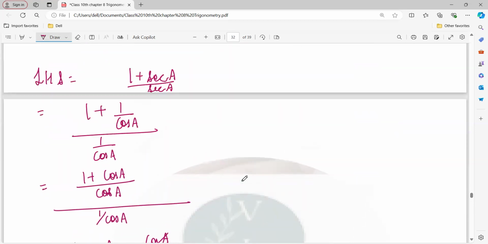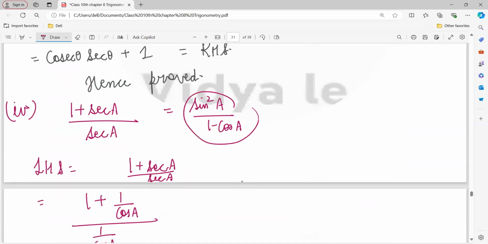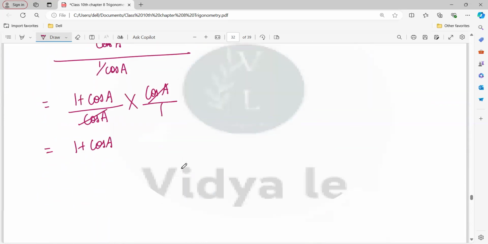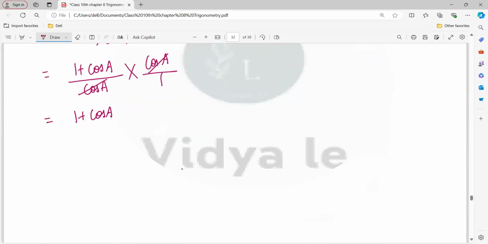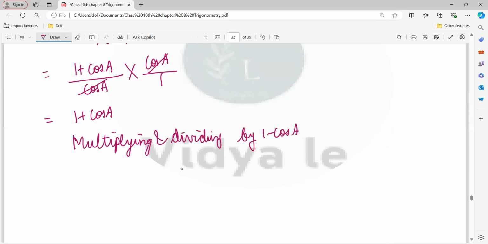But now, having a look at the right side, we want 1 minus cos A in the denominator, and in the numerator we want sine square A. So how can we get 1 minus cos A in the denominator? When we multiply and divide the term by 1 minus cos A. Let's see what we'll get. We already have 1 plus cos A in the numerator.